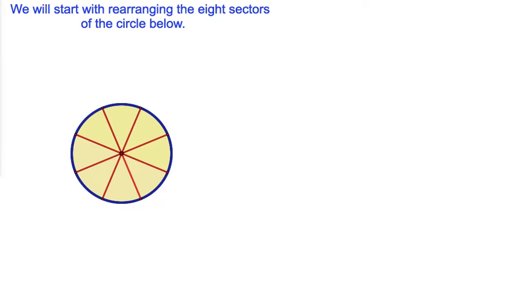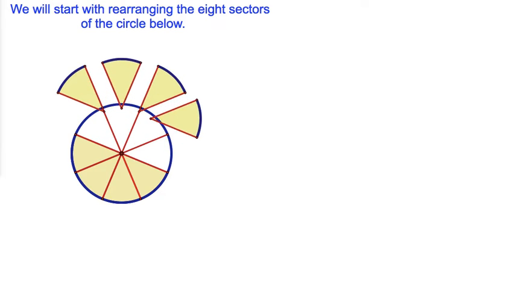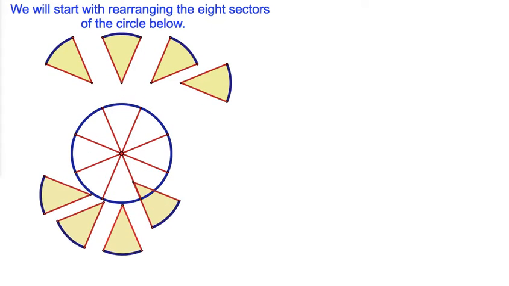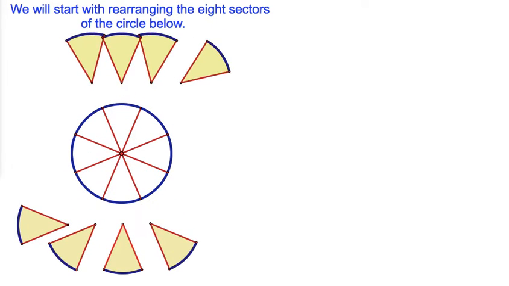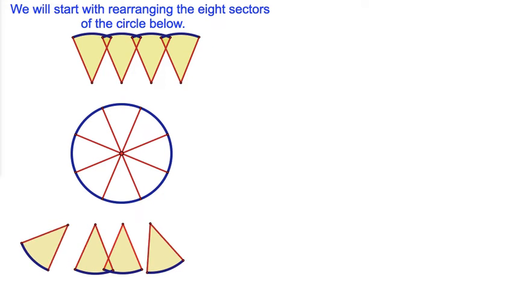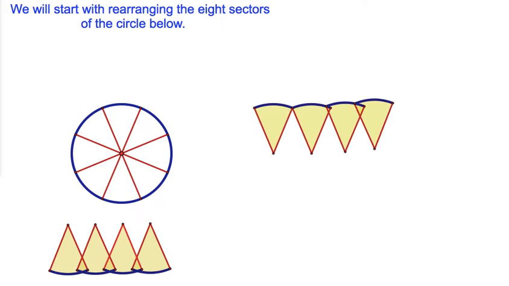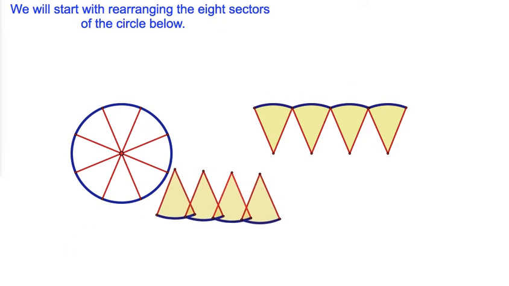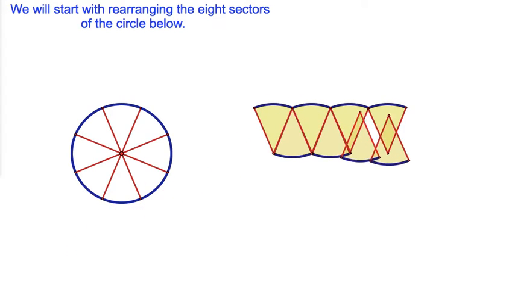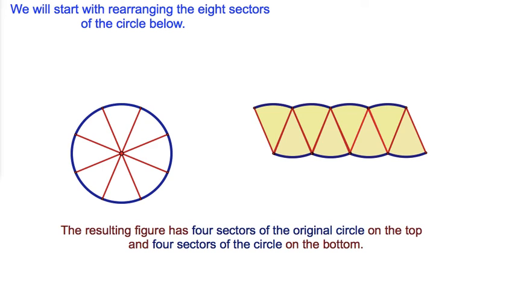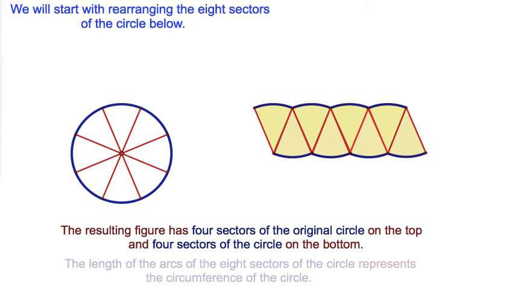We will start with rearranging the 8 sectors of the circle below. The resulting figure has 4 sectors of the original circle on the top and 4 sectors of the circle on the bottom.